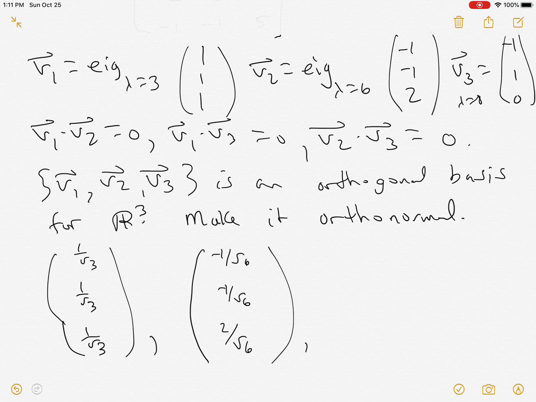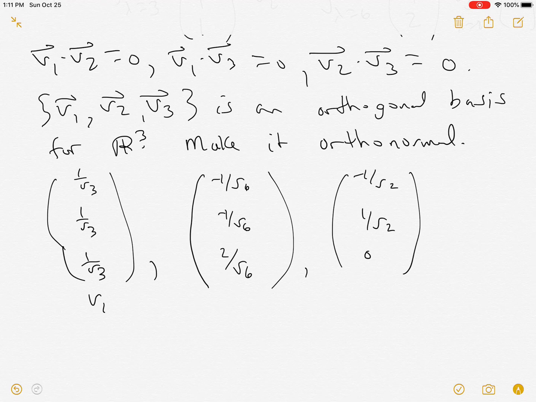And the last vector has length root 2, so you get minus 1 over root 2, 1 over root 2, 0. Okay. So I'm relabeling these as V1, V2, and V3. We just scaled them by whatever the length is.